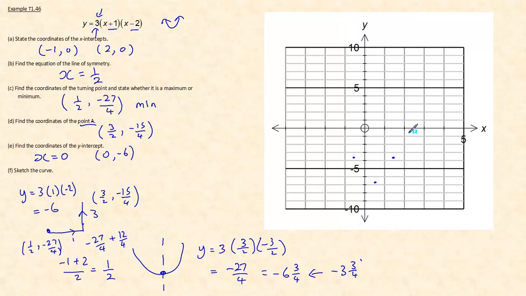Our x-intercepts are at (2, 0) and (-1, 0), and the y-intercept is at (0, -6), and there'll be another point here. So we can just draw the curve through those points and then try to carry on a reasonable curve and try to make it look reasonably symmetric.